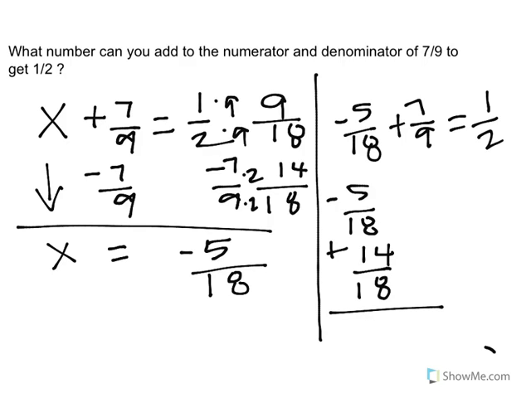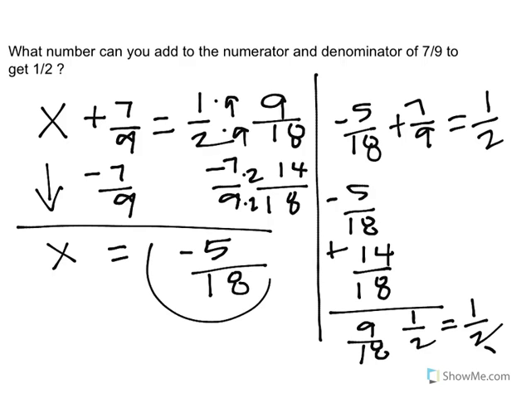Negative 5 plus 14 equals 9 over 18. This can be simplified. 9 can go into itself one time, and 9 can go into 18 two times. Equals 1/2. And that is a true statement. So x does equal negative 5 over 18.